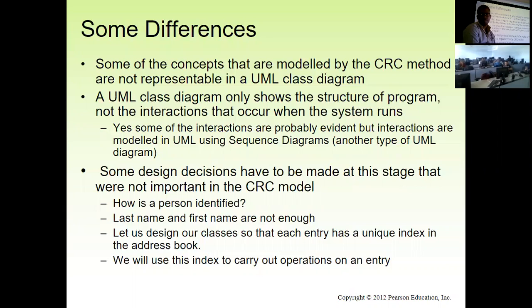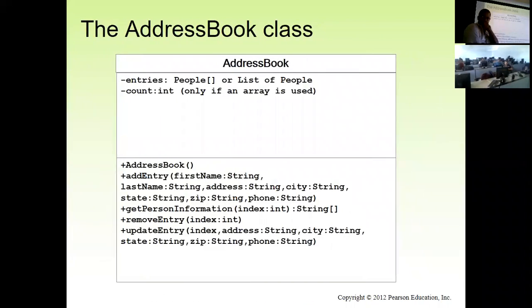Now, will we use an index to carry out operations? Let us design our classes so that each entry has a unique index in the address book, for example. So for the address book class, we can say each entry is going to be implemented a particular way, right? Let's say we use an array or an array list, which means that each entry now is going to be stored, right? And then we now have to carry out operations on the person based on the index of the particular entry.